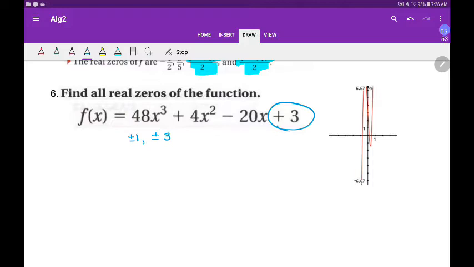Oh, my. So let's see. On the bottom, we're going to have 1 and 2 and 3 and 4 and not 5 but 6 and 8 and 12 and 16 and 24 and 48. Oh my, that's all on the bottom.